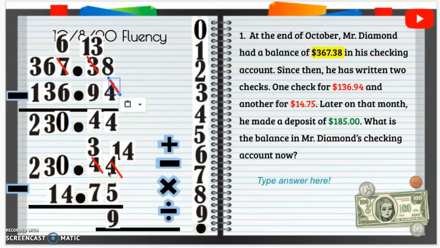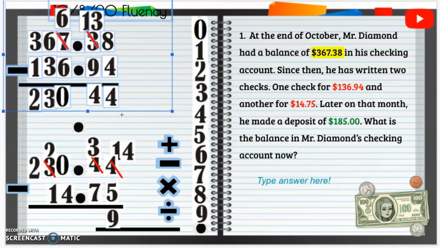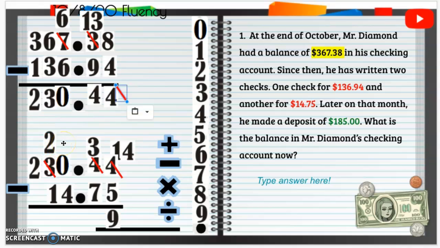Oh, we can't do that. So we are going to have to borrow from that 3. So that 3 is going to become a 2. I'm going to move this all up so it doesn't get too confusing. I forgot my decimal. So this 3 will become a 2 so that we can make that 0 a 10. Now we have 10 minus 4. It's going to be 6.